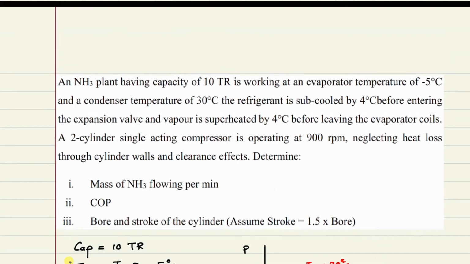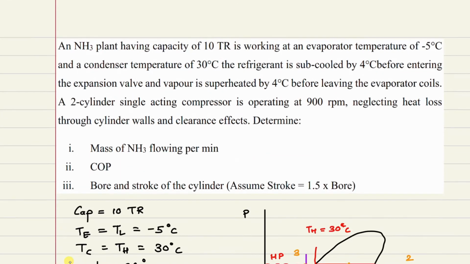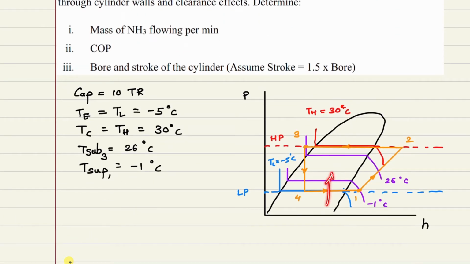Now this we have to calculate using this TR, where the heat is absorbed in the evaporator during process 4 to 1. Then COP will be the refrigerating effect, H1 minus H4, divided by H2 minus H1. If it is not given, we usually calculate theoretical COP.